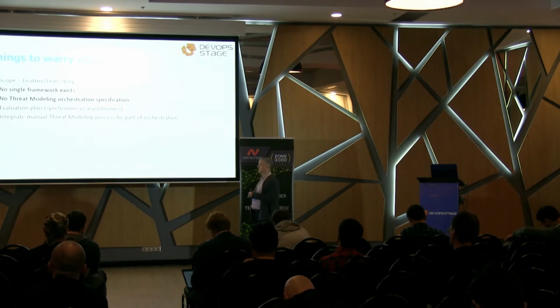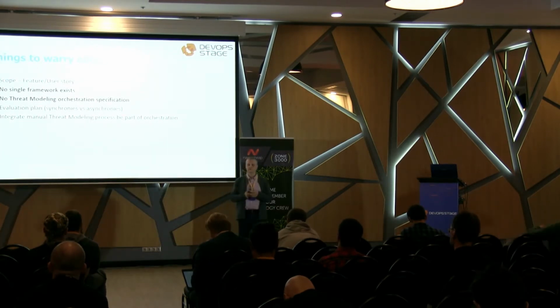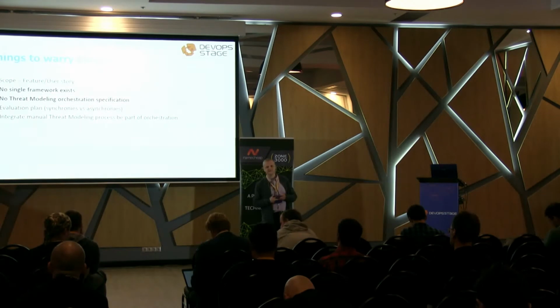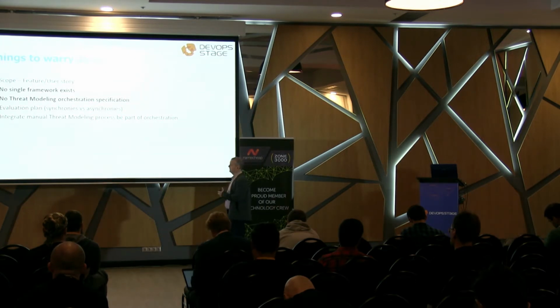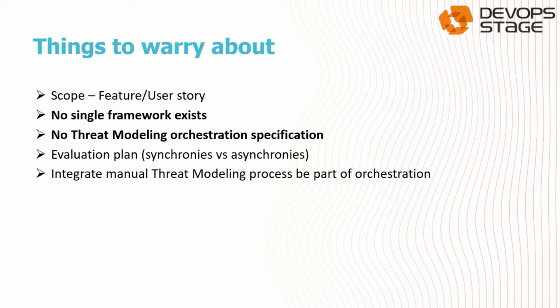The next one is we don't have specifications for security automation. All the YAML files or JSON files are up to you. We don't have any official specification for YAML and JSON formats.